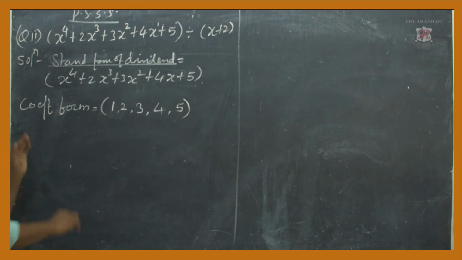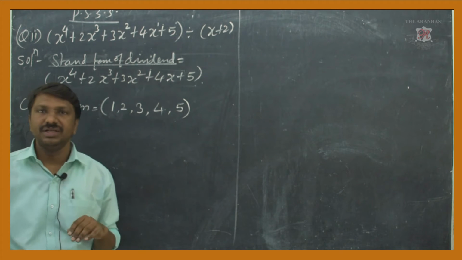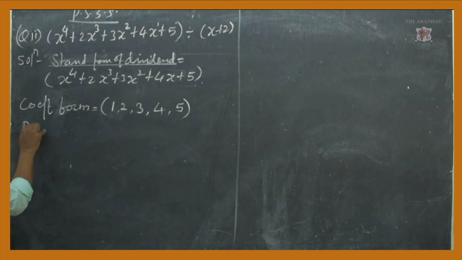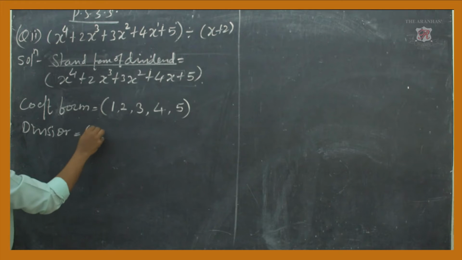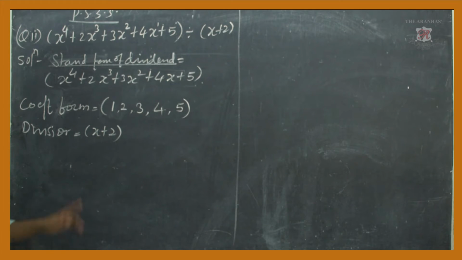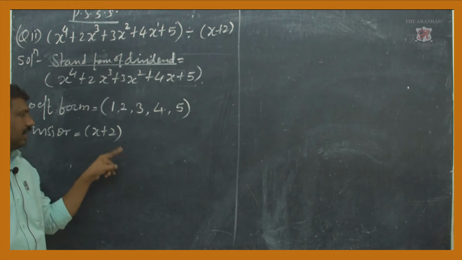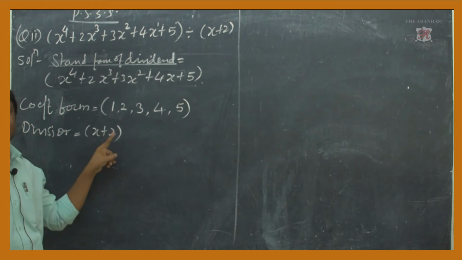We mention this as the coefficient form of the given dividend. Then the divisor. The divisor is x plus 2. Then we have to see the constant and take its opposite value.